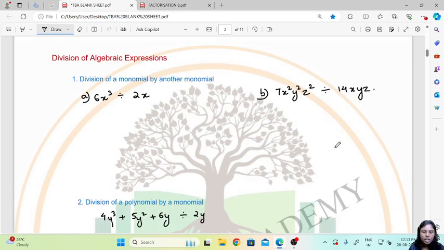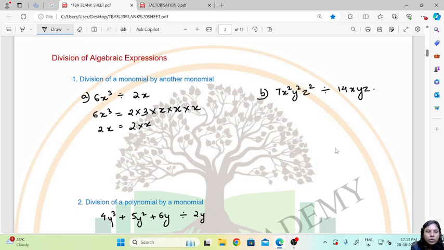Now, to begin with, division of a monomial by another monomial. Monomial, we know, means only one term is present. Let's start by writing the factors. 6x cube can be written as 2 into 3, that is 6, into x into x into x. 2x can be written as 2 multiplied by x.